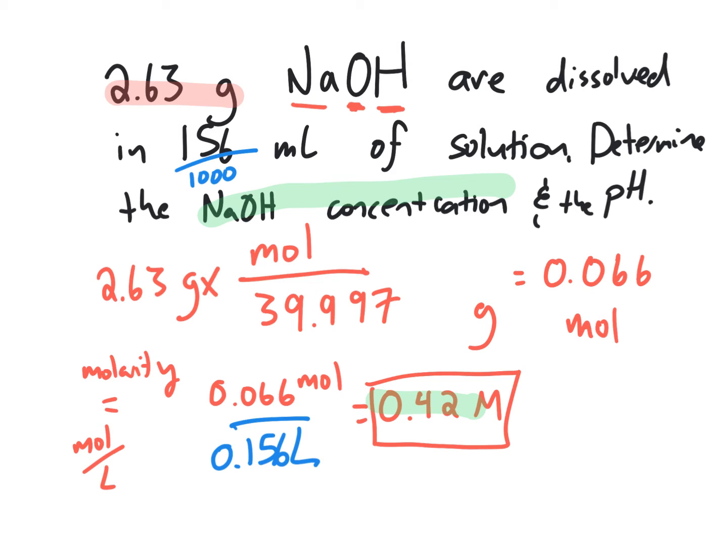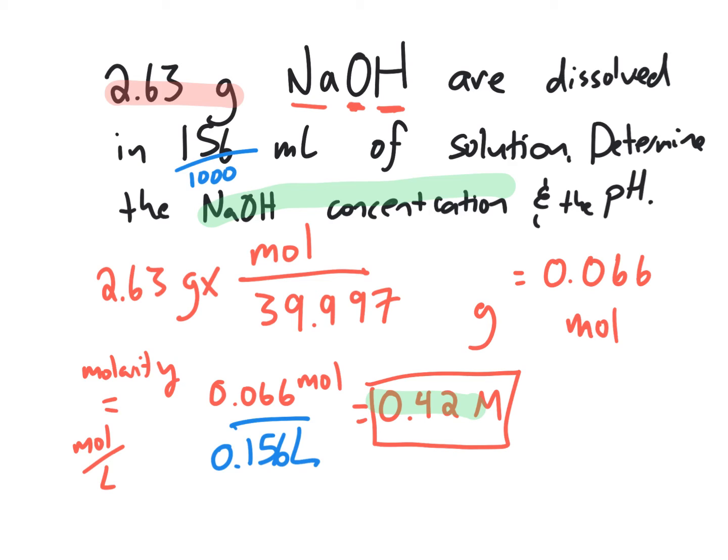Since it says OH, I can find pOH. If it just said H, it'd be an acid, and I could find pH pretty easily.